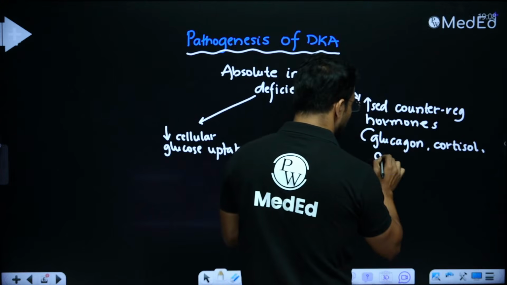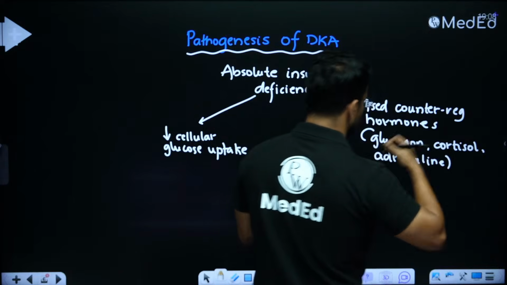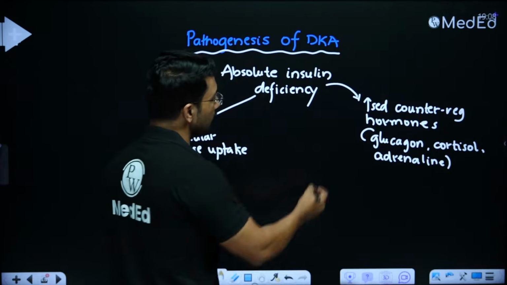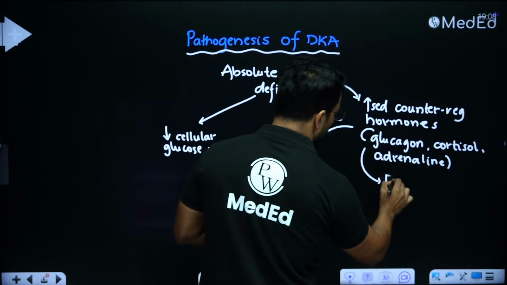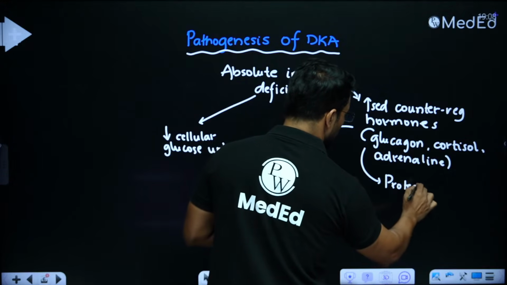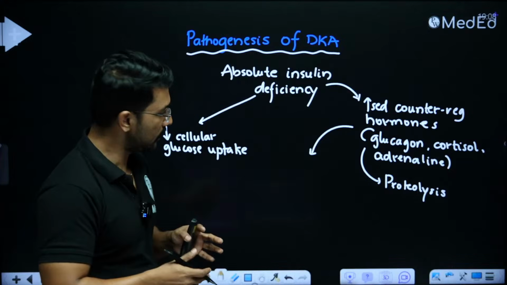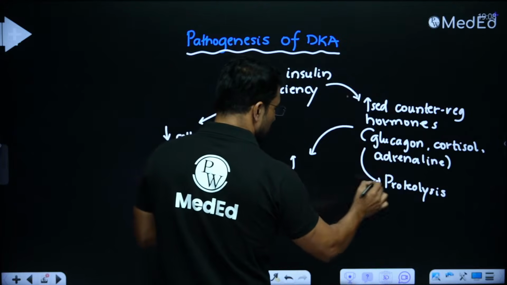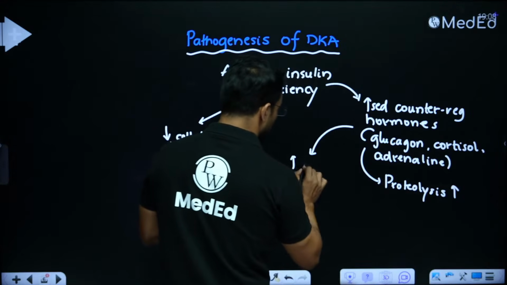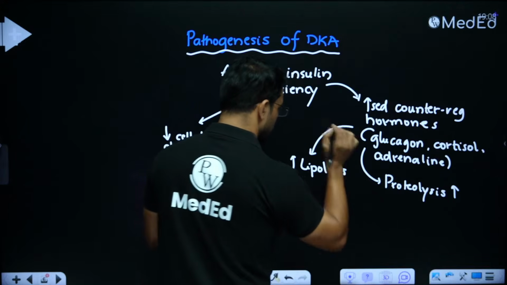And the other one is adrenaline. So they all increase. And when they increase, what will it lead to? They will stimulate proteolysis. So we start breaking down the protein. And second, it will increase the lipolysis. We start breaking down the fat.